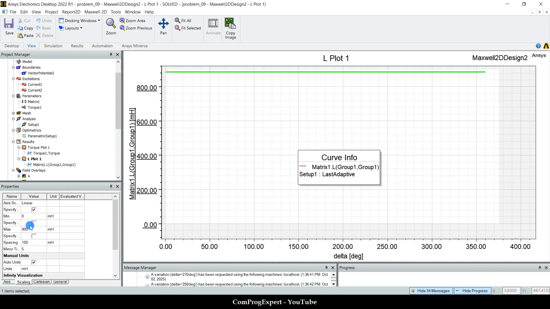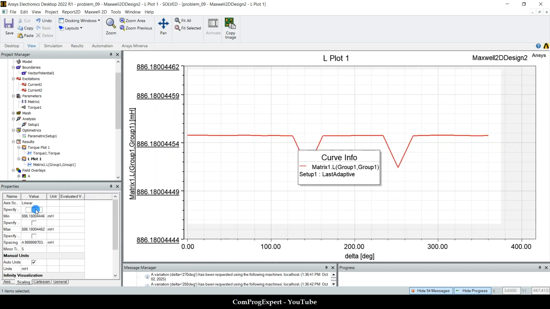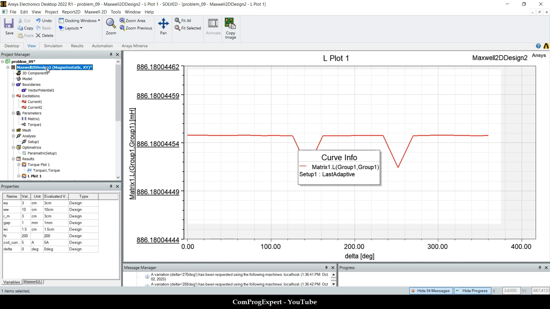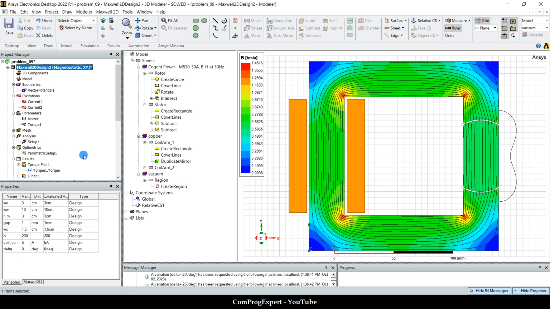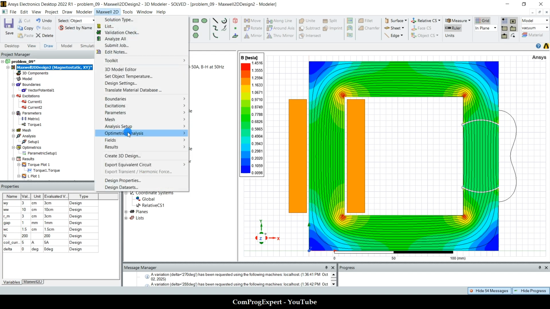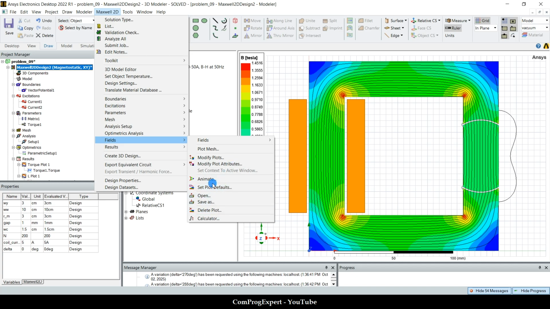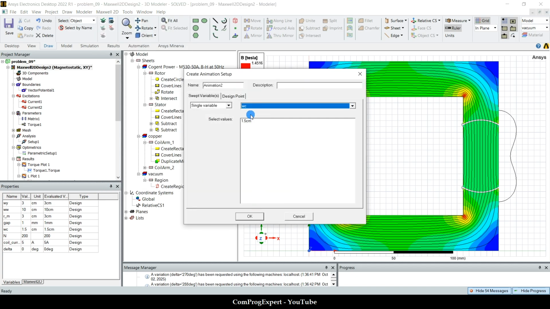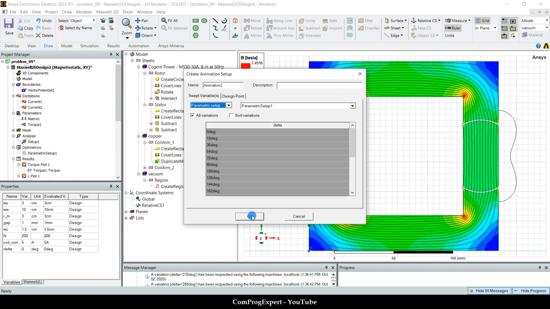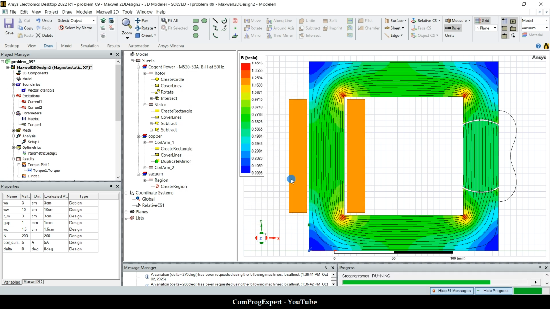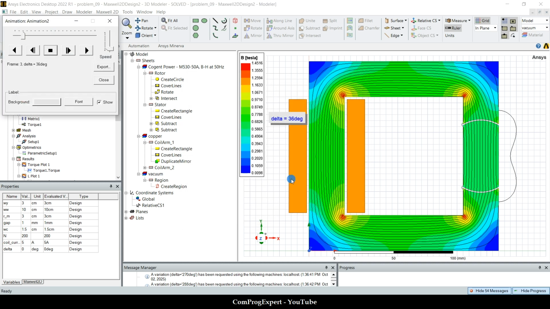So here, let's generate animation and then we will check the functions. The parametric sweep. So in this case, I am going to check. Yes, we don't have rotation.